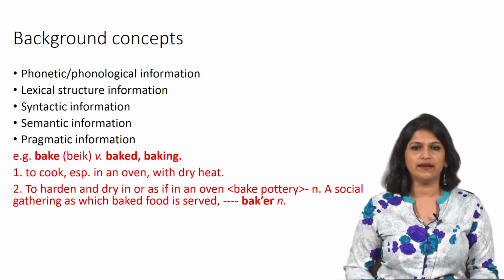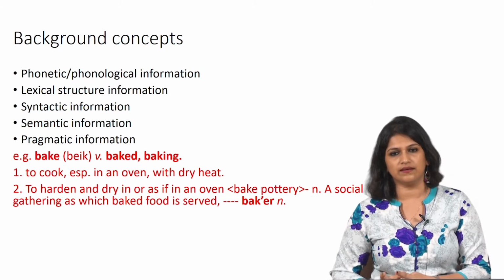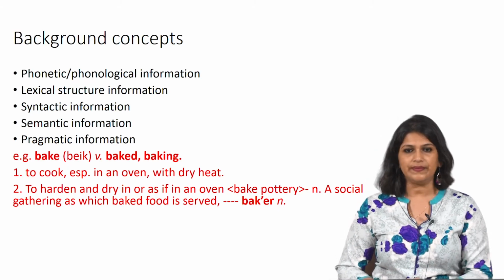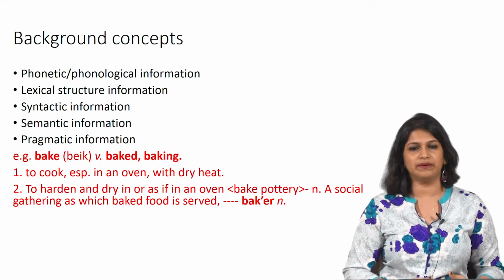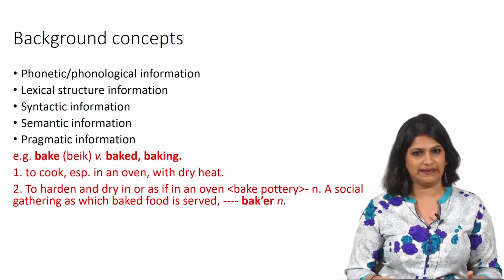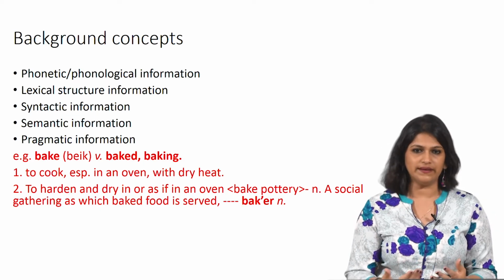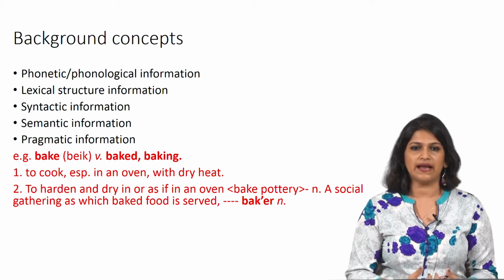And when you are marking the imperfective aspect, that means the action is going on, it is yet to come to an end. That is why bake can be inflected to baked or to baking. But whether it is baked or baking, it's going to remain a verb.